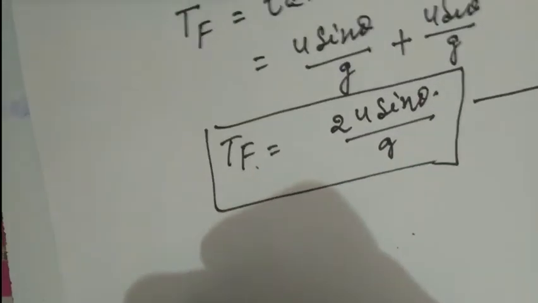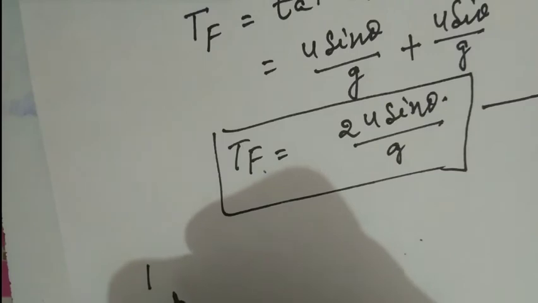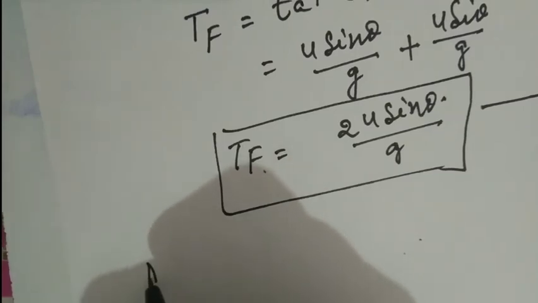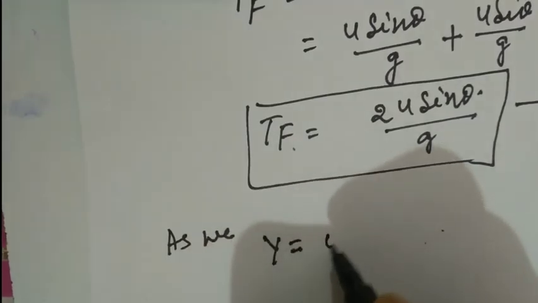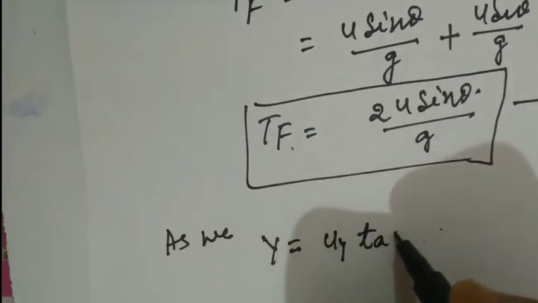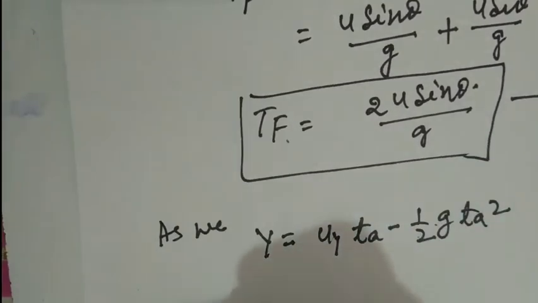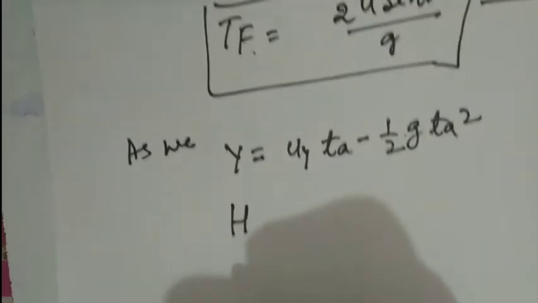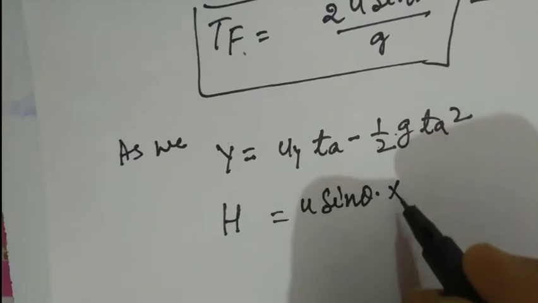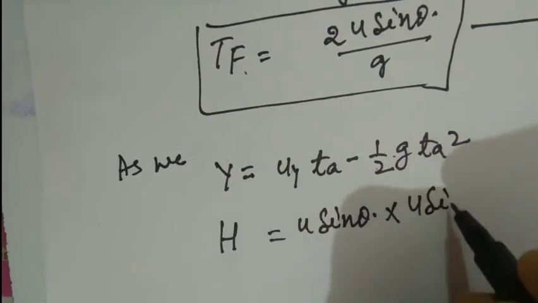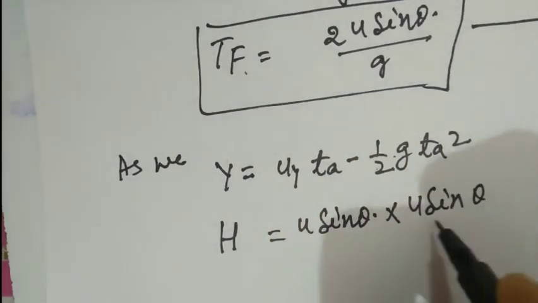Hence from equation 2, we can write again y is equal to u sine theta ta minus half g ta square. In place of y we put h. Here we use the time of ascending, not the total time.